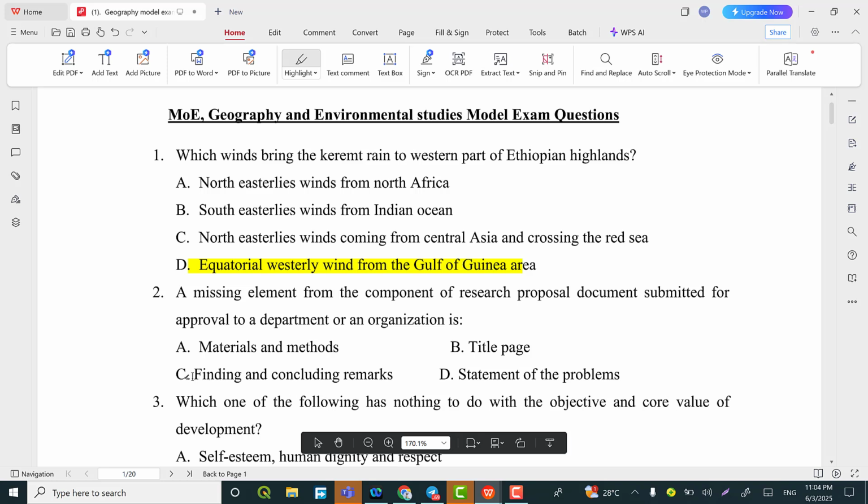So the answer is findings and concluding remarks, because the question asks for the missing element from the components of a research proposal. Statement of the problem is a part of a proposal. Title page is a part of a proposal, and materials and methods is a part of a proposal. But findings and concluding remarks are the main parts of the whole process of a research, and not the proposal.